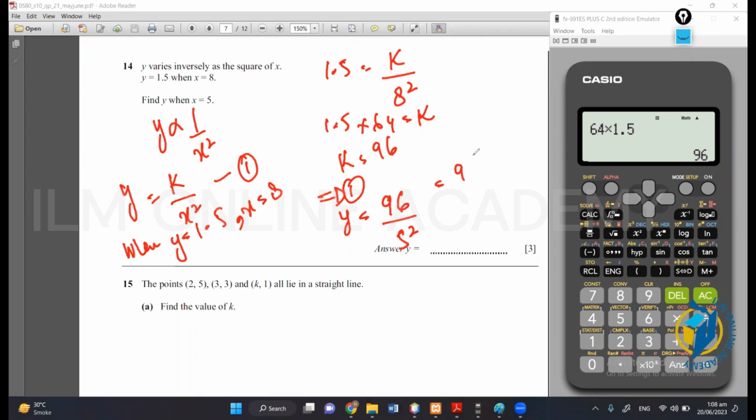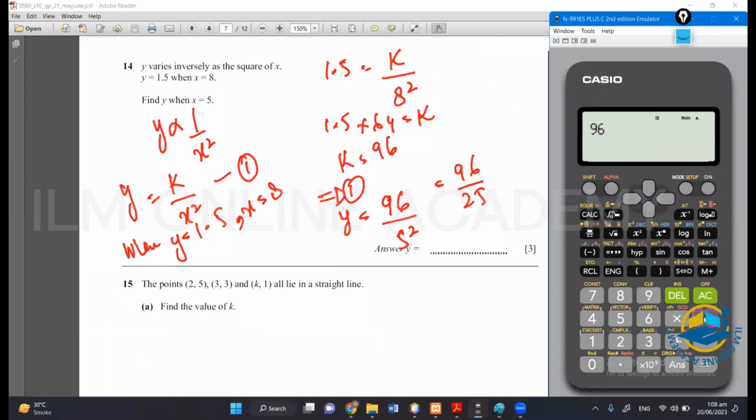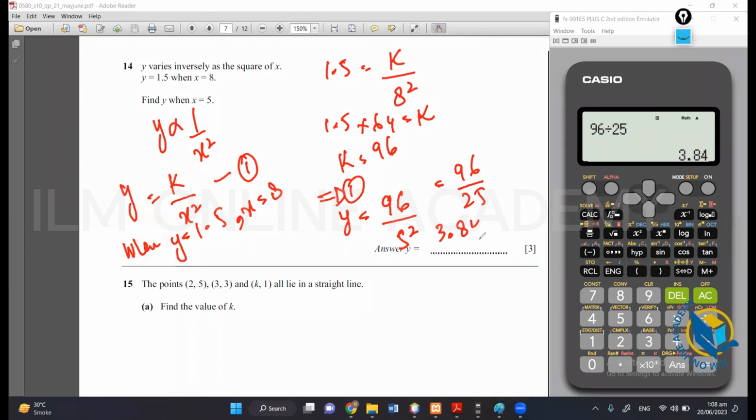It means 96 over 25, and the answer is 3.84. Okay, so this is the solution for this question.